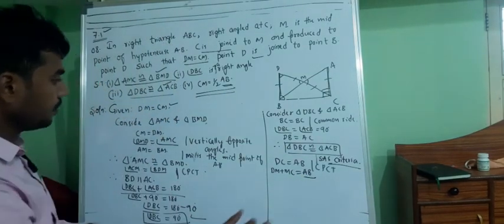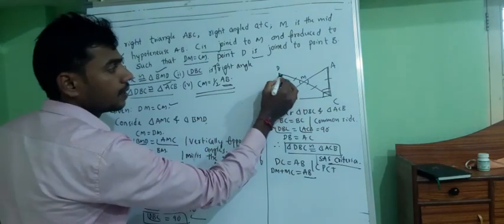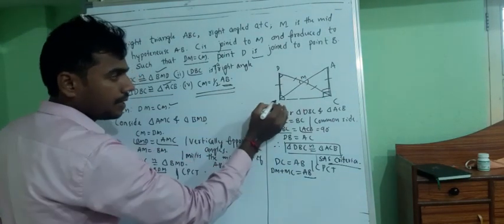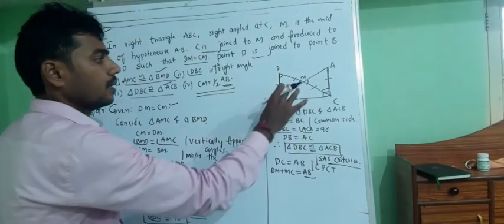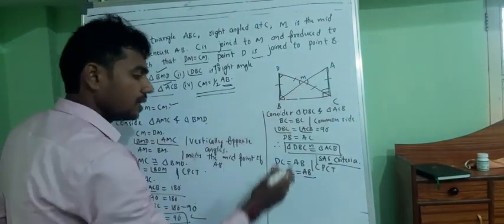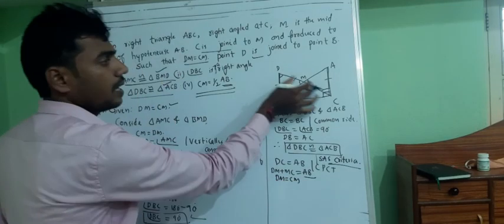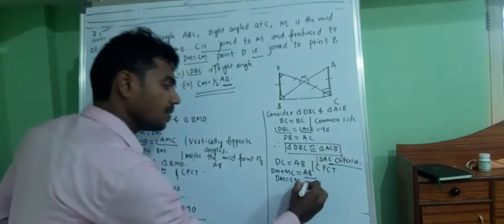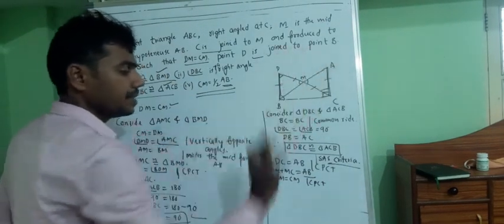So one more thing, here we showed that triangle DMB is congruent to triangle AMC. If that is the case, DM is equal to CM. This is because of CPCT. Already we proved this triangle is congruent to this triangle.